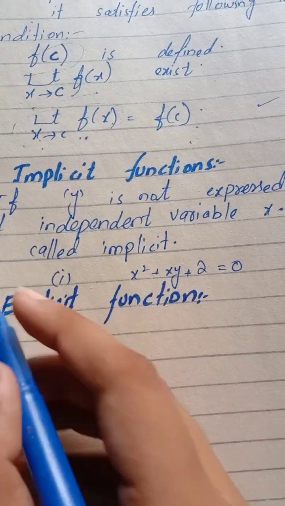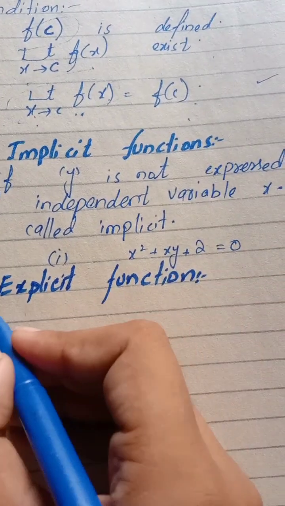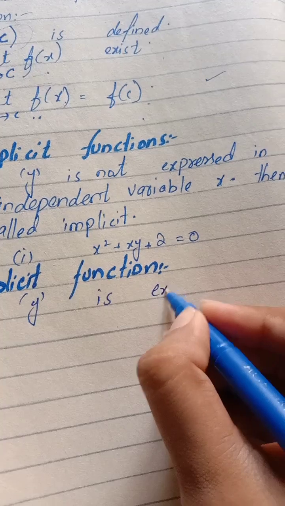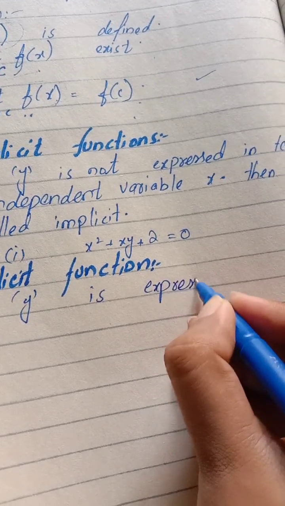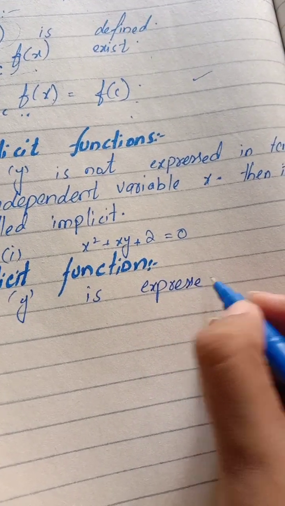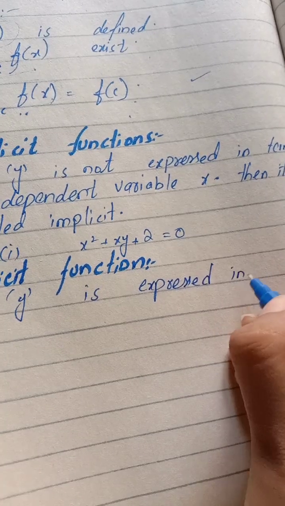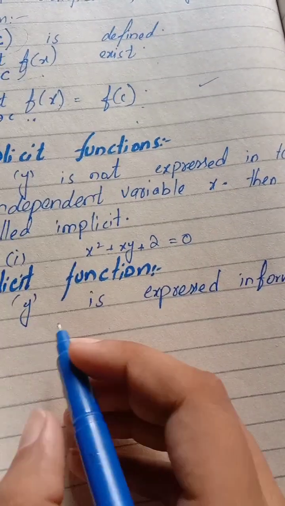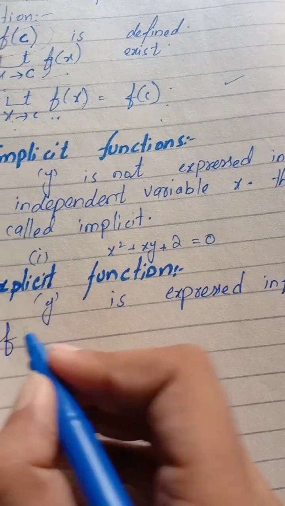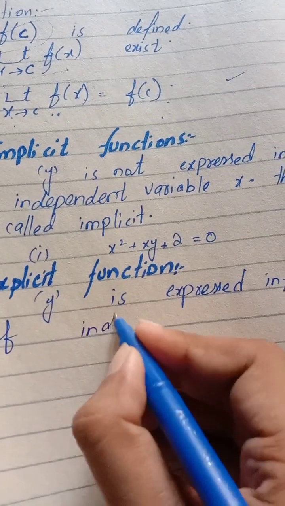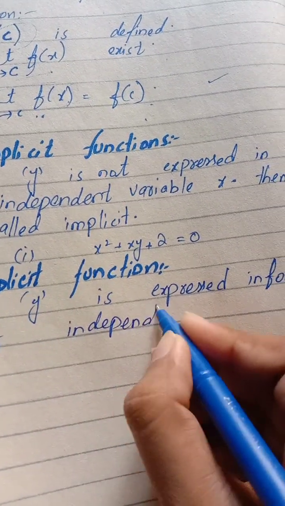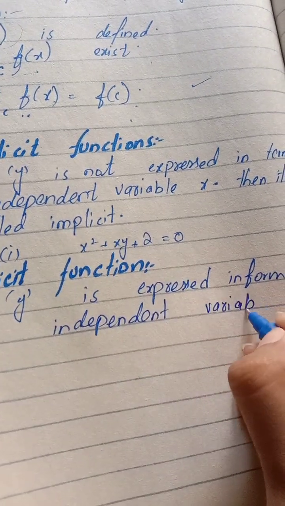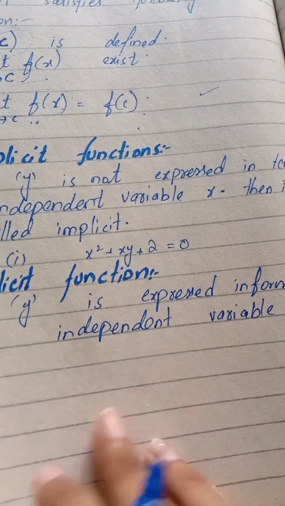In an explicit function, y is expressed in terms of the independent variable x.